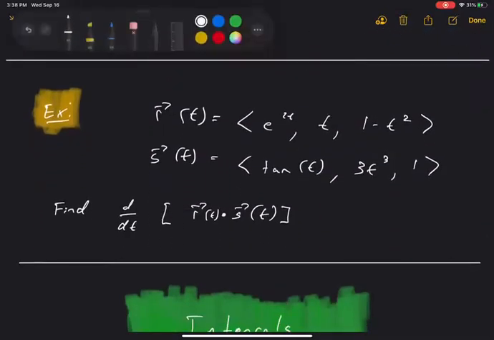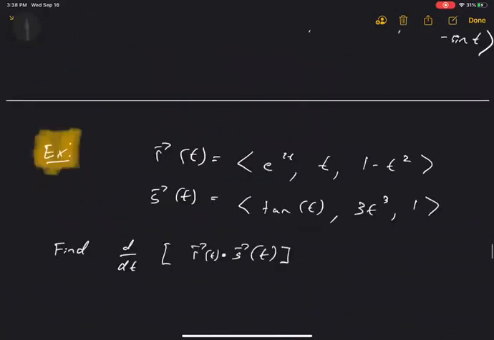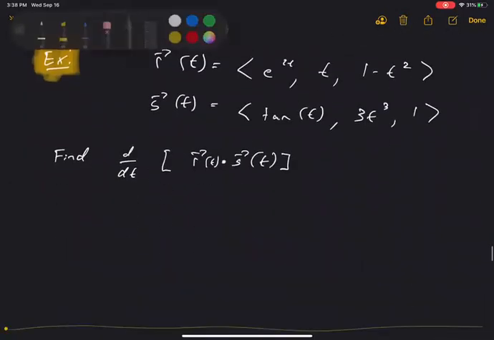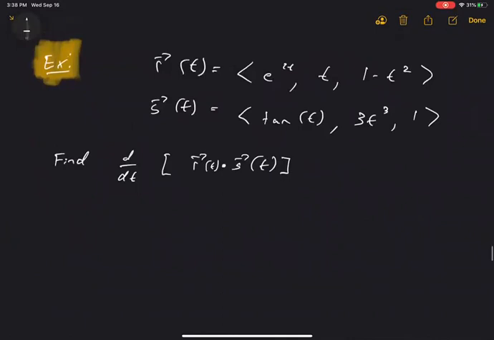This is another product rule, this time using the dot product. So again, pause and do it on your own, and let's see if it matches up with mine. This is going to be r prime of t dot s of t.